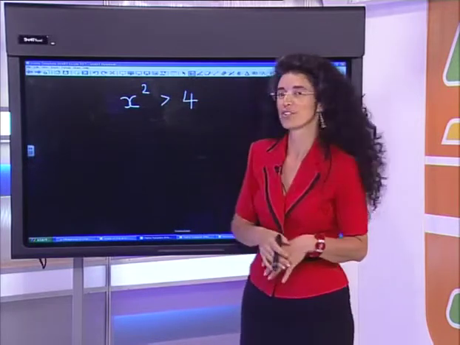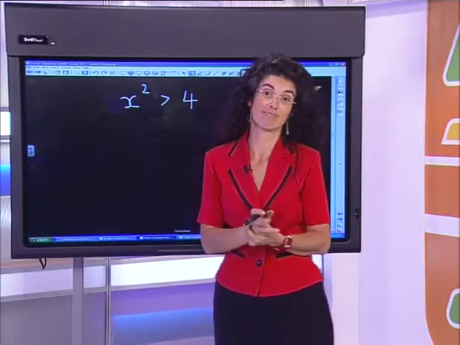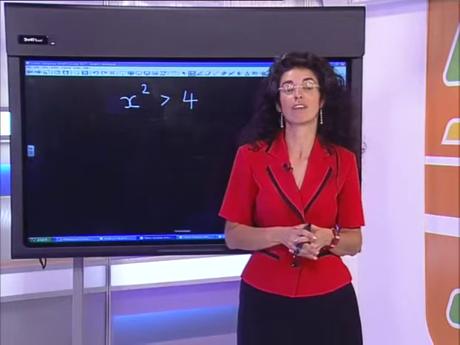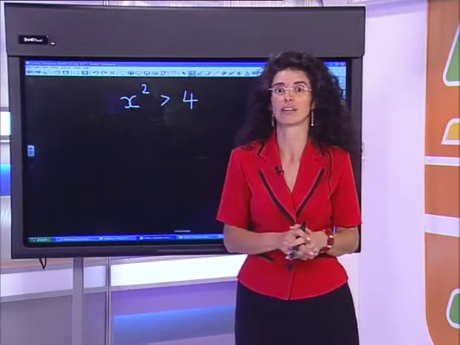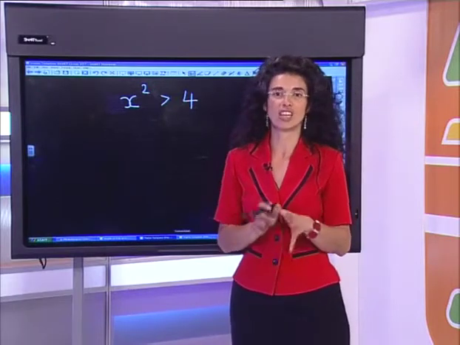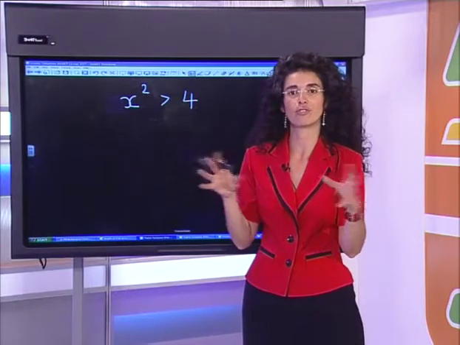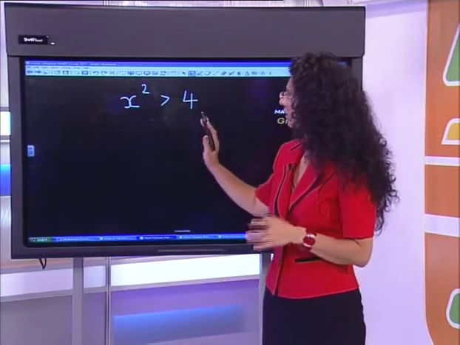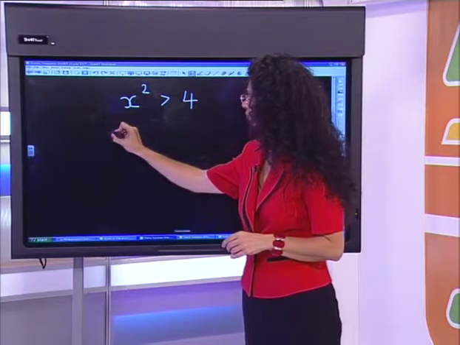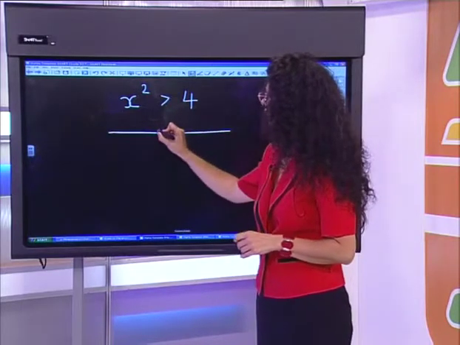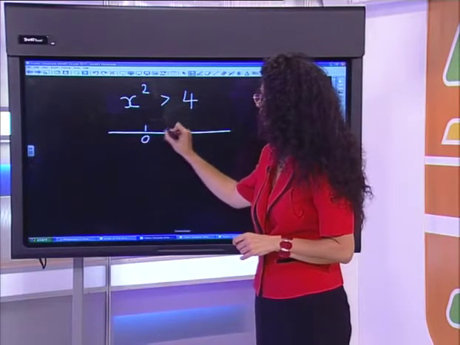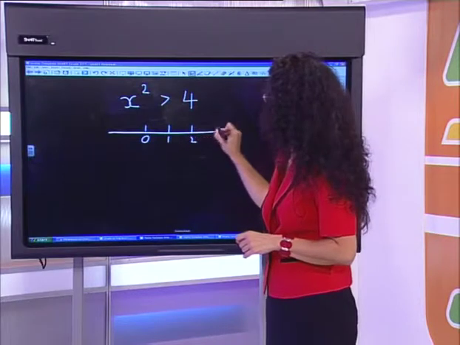Okay, so here's something more challenging for those of you who are looking for something really challenging. What happens if now x is squared and not just x greater than 4? For that, I'm going to suggest that we actually use a table of values to see what's happening, because it's very interesting what happens. Let's say x is 0, for example, 1, 2, 3.